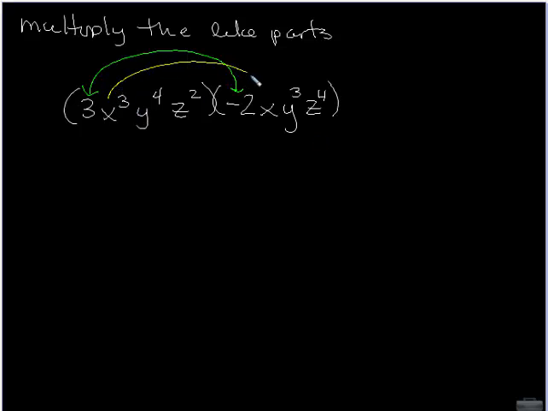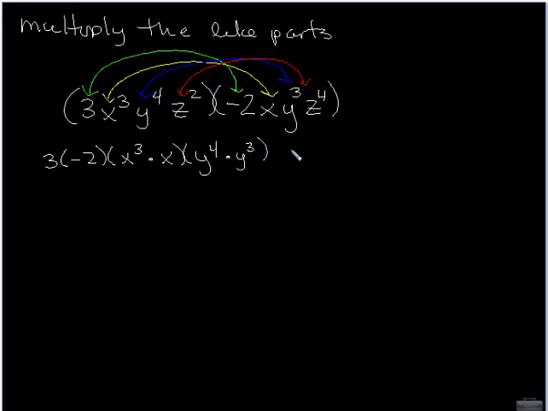X to the third and x are alike because they're both x's. Y to the fourth and y to the third are alike because they're both y's. And z squared and z to the fourth are alike because they're both z's. So these are the things I'm going to be multiplying. I'm going to multiply 3 and negative 2, x to the third times x, y to the fourth times y to the third, and z squared times z to the fourth. Now you don't have to write it out this way. I just wanted you to see what I'm actually multiplying.